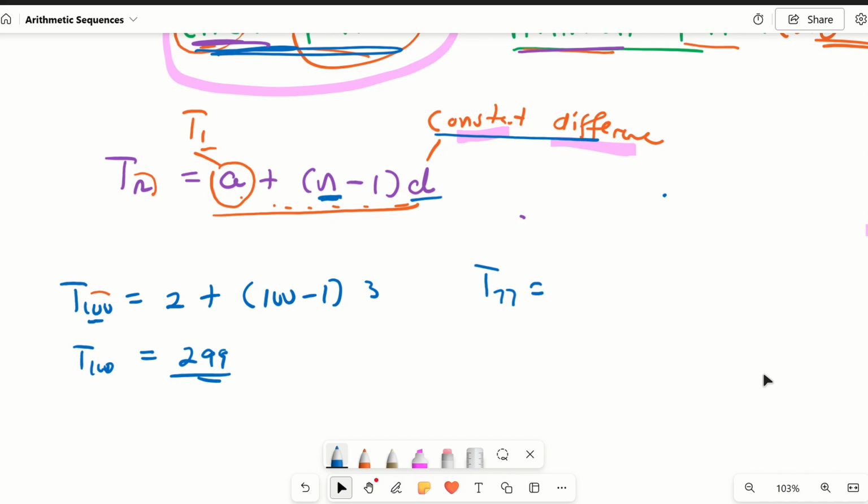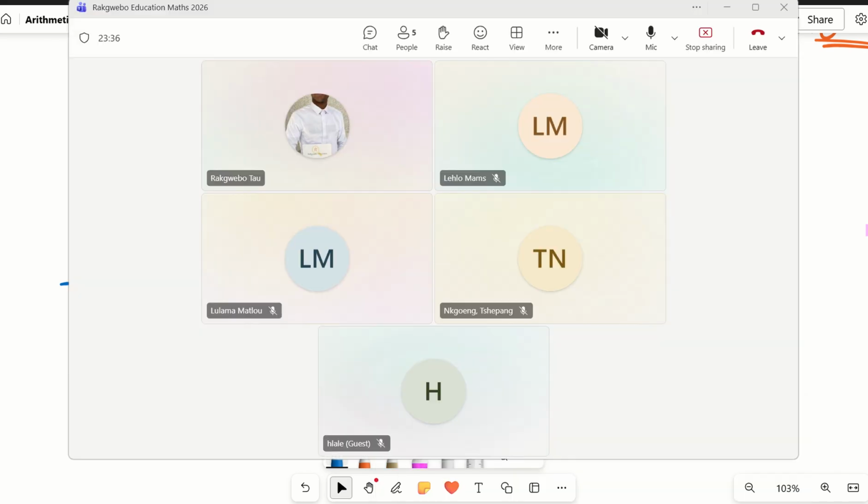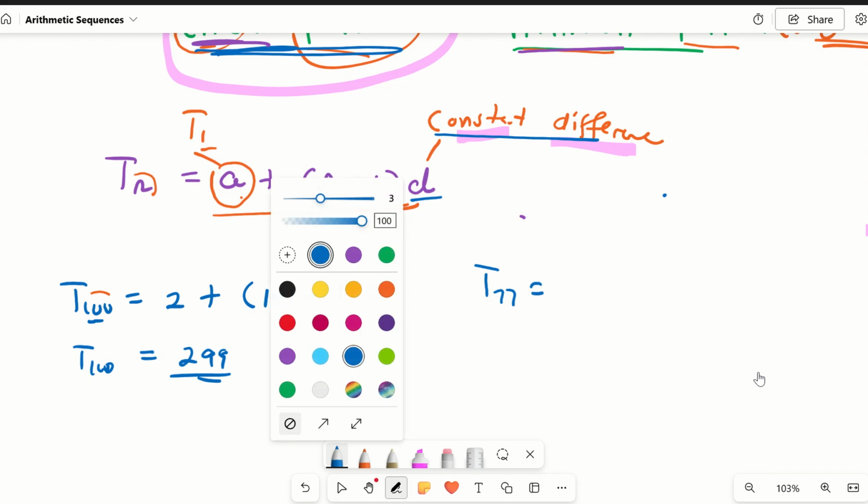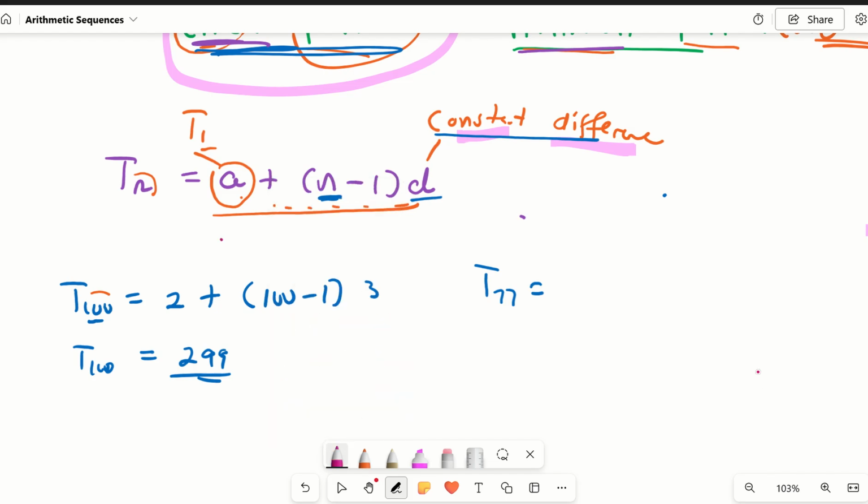Someone says 81. Do you all agree? We're just looking for T77. Okay, we all agree, yeah? Let's push. So we just substitute in that formula.